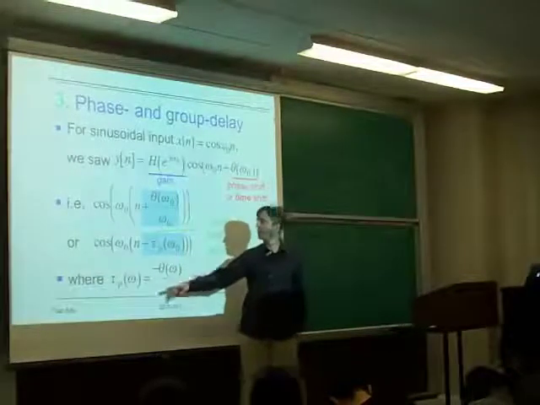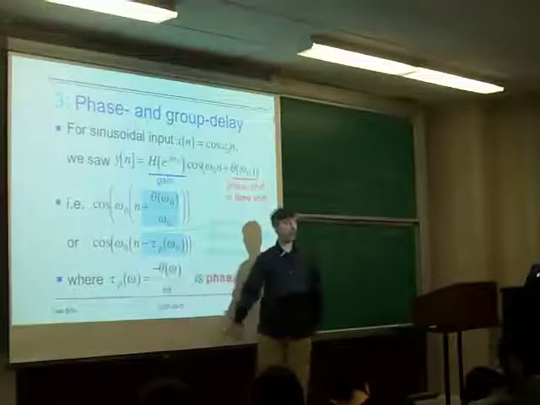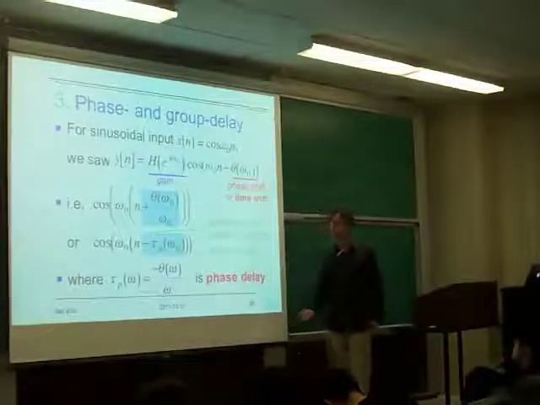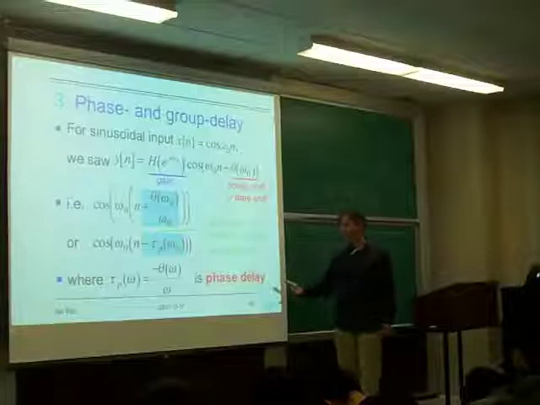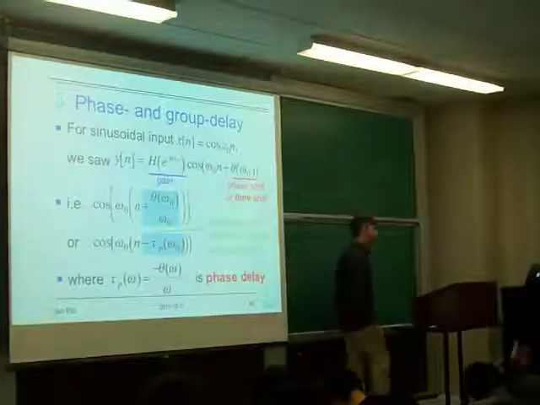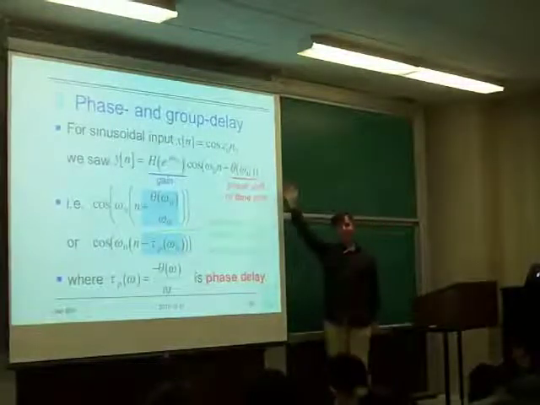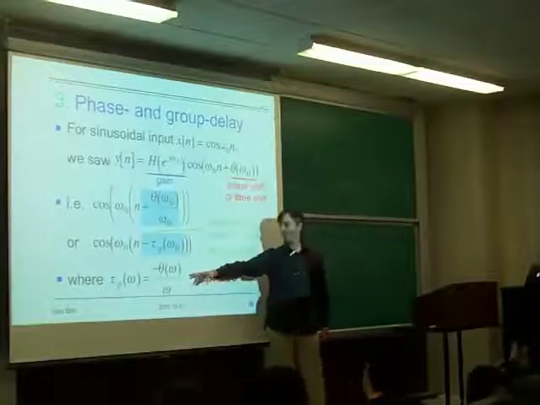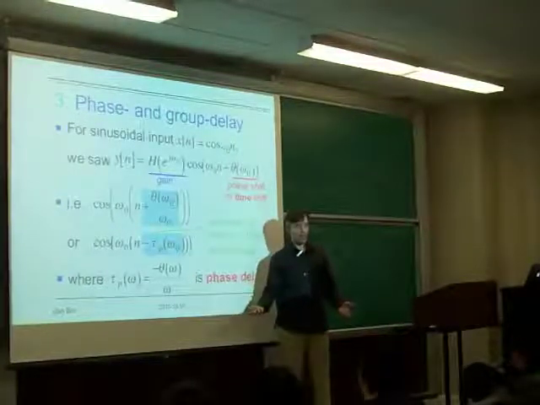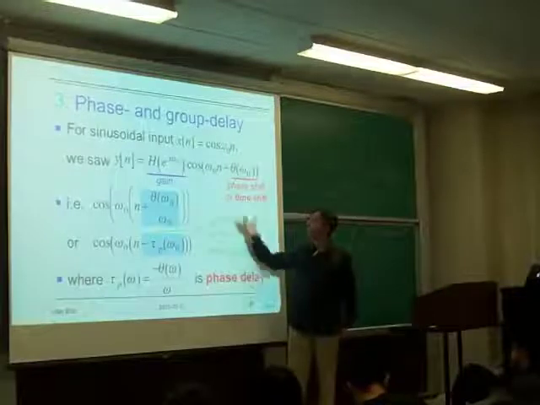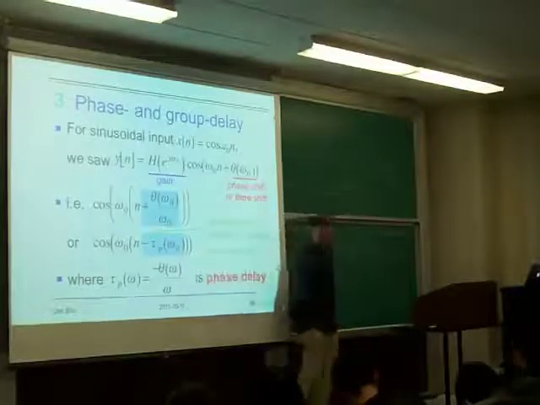And that gives us a result in samples, which we can interpret as the amount of delay that a signal of that frequency experiences. Again, this is a definition, and it really isn't anything more than algebra. It's just a way of expressing the phase shift in the units of samples.